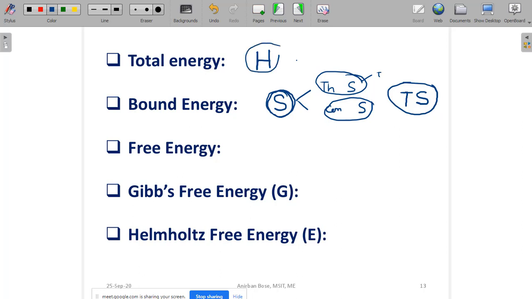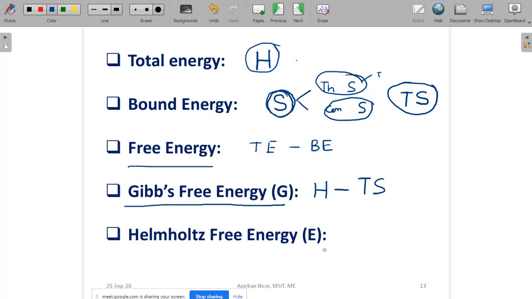H is the total energy. So the free energy, the work output that the material can actually give, is basically the total energy minus the bound energy. If you consider the total energy to be H and the bound energy to be TS, this quantity is what is called the Gibbs free energy.